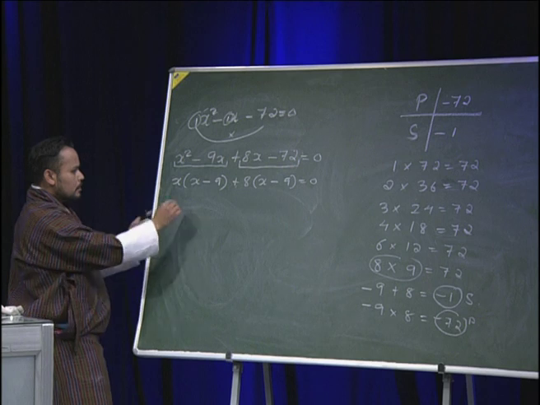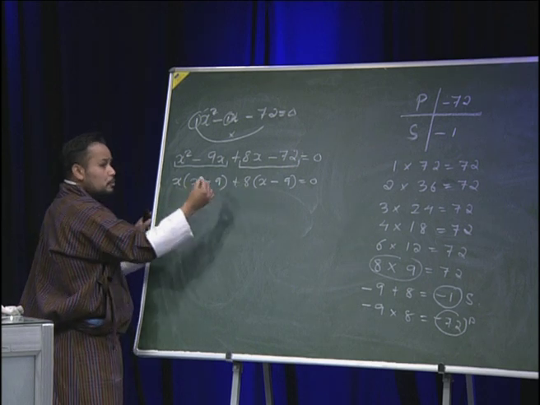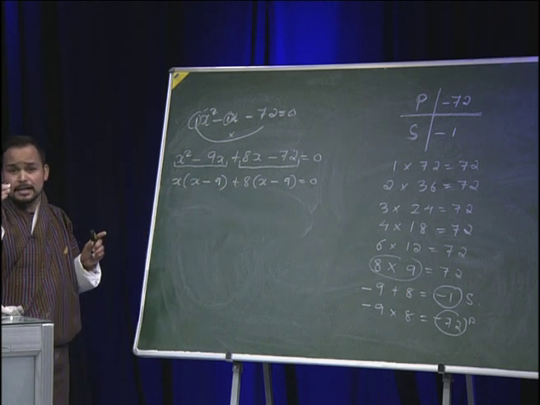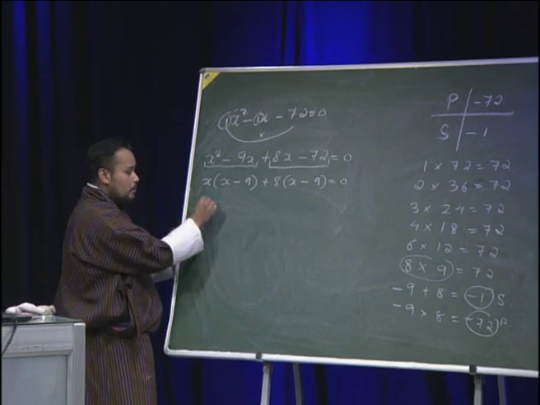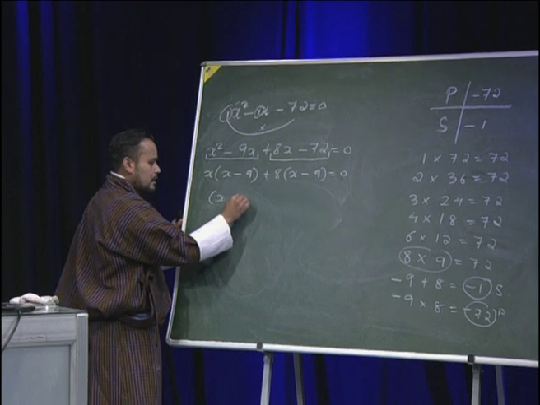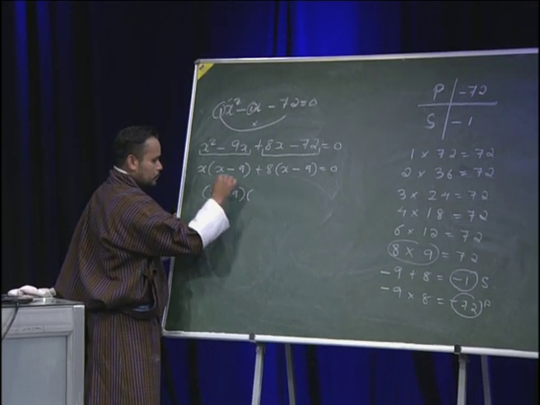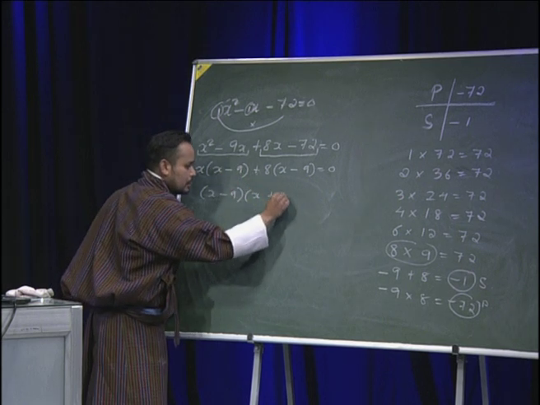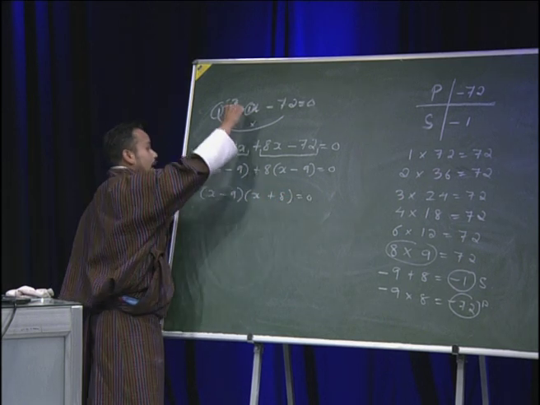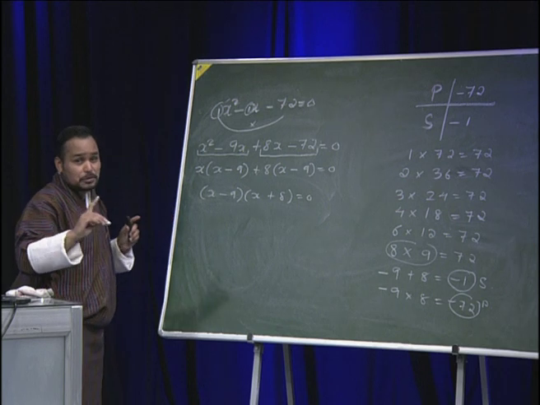Now I have two terms, first term and second term. In both terms, x minus 9 is common. So taking x minus 9 common out, x minus 9 multiplied by x from the first term, and plus 8 from the second term, is equal to 0. Now I have factored, but I still didn't get the roots.